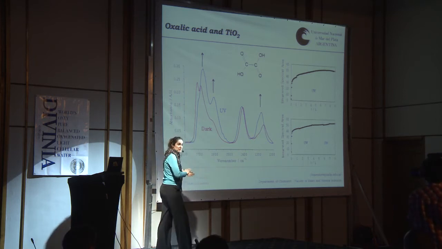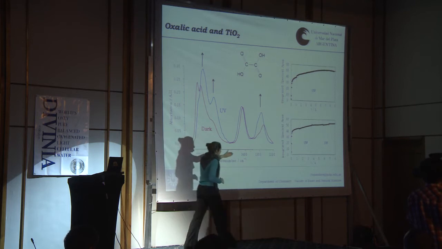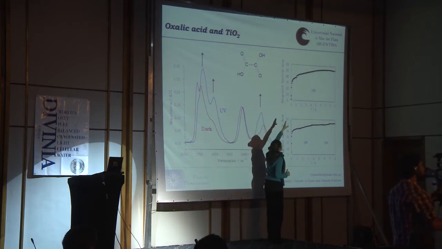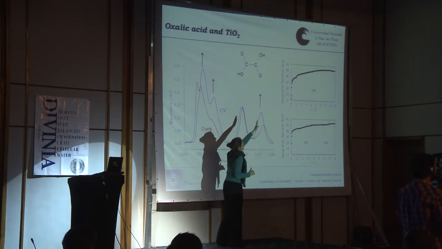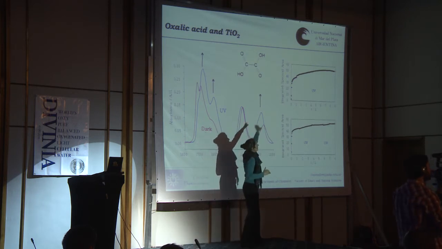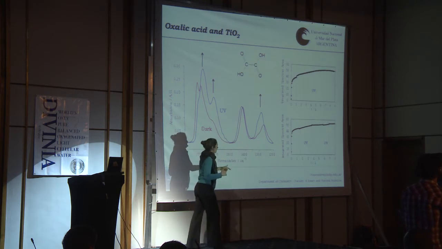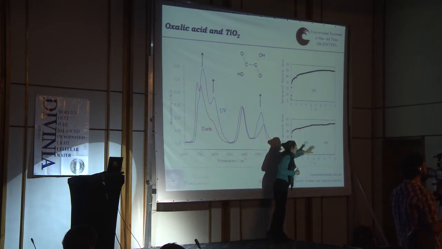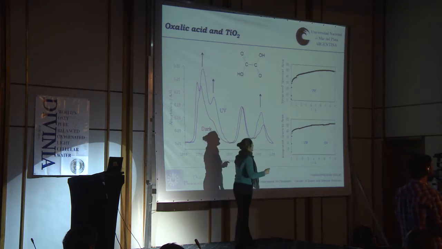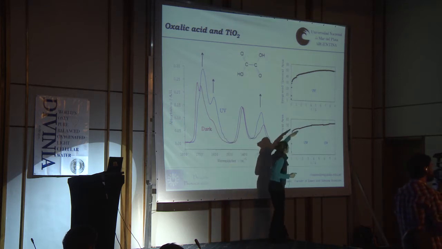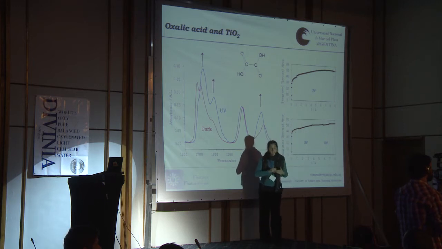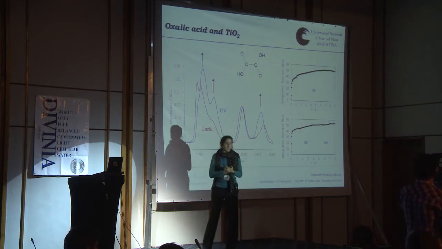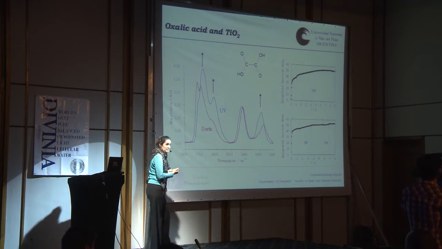But the adsorbed species, yes. As you see the integrated total spectral area, in the dark it reaches somehow the equilibrium, and then when one switches on the light, the integrated area increases. And a very funny way of studying that is making periods of dark and light intermittently, and one sees that under light there's always a positive slope indicating that there's more oxalic acid adsorbed at the surface, while this doesn't happen in the dark.